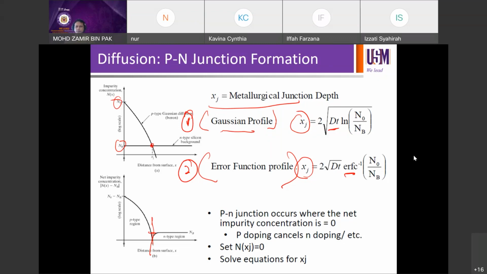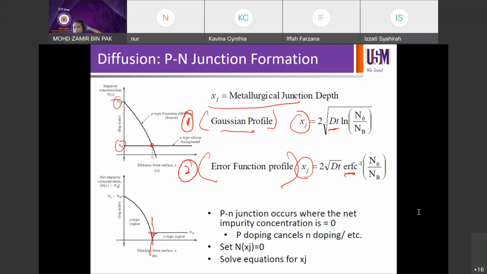Alia, 2. Amirul, 2. Okay, we have 2 voted for Gaussian and 4 voted for error function.